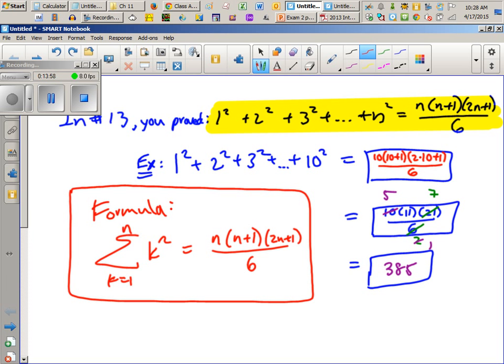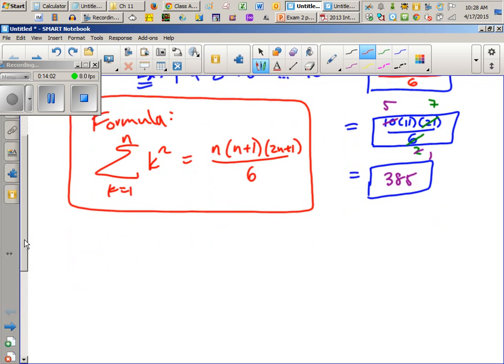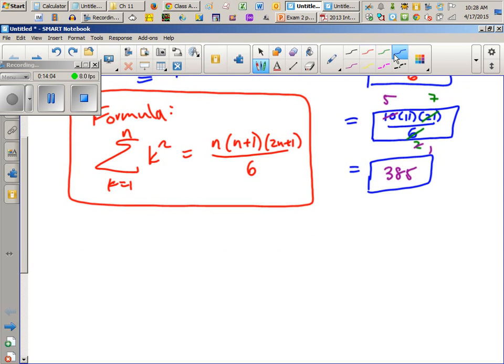Let's try another one. I'm going to give you a problem in sigma form, just to see if you can handle it. So, evaluate sigma k equals 1 to 13 k squared.